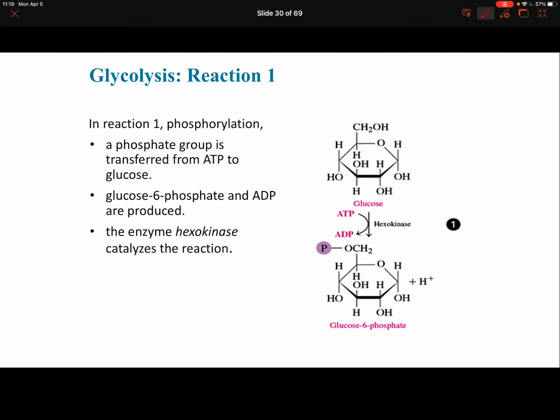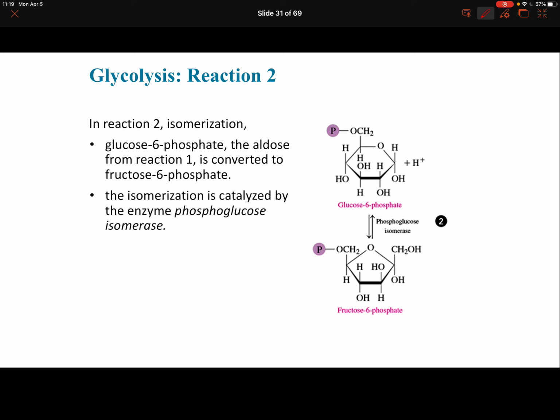All right, let's look at those reactions in a little more detail. So first we see the phosphate group actually being added onto our glucose to make glucose 6-phosphate. The enzyme hexokinase does this job.